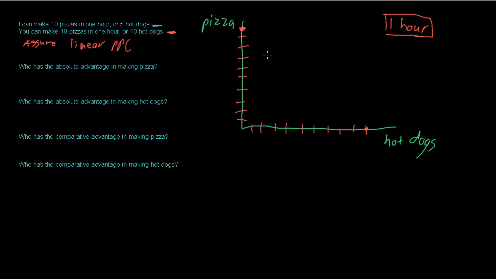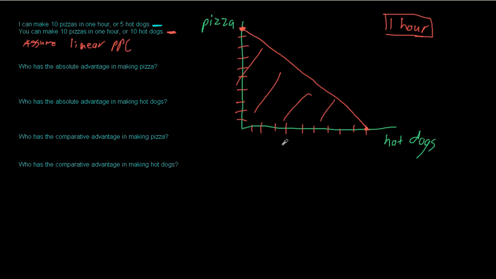We'll get to what that actually means in economics later. But in simple terms, it just means that you can trade off your time producing pizza or hot dogs, that there's a 1-for-1 trade-off. Okay, so that's your production possibilities curve, and you can choose to produce any combo inside of here.